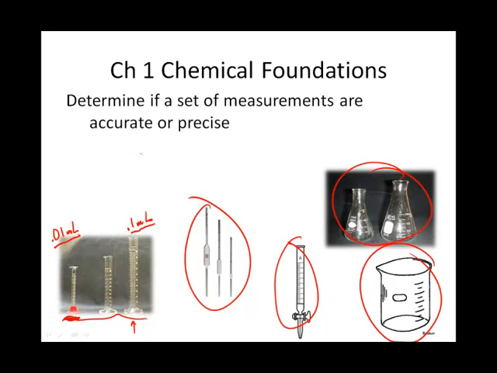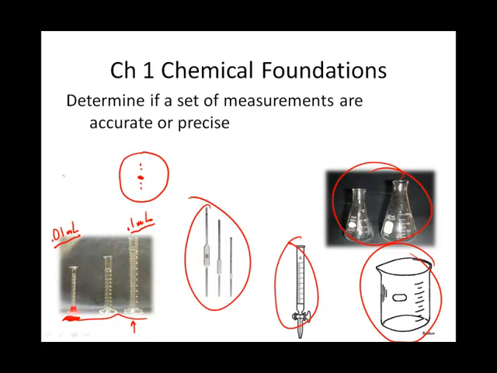Now, what do we mean by that? We mean by that if you have a measurement that you're trying to target, sometimes you're going to be a little bit above that or a little bit below that measurement. So if this is our target, we're going to be a little bit below or a little bit above this measurement.